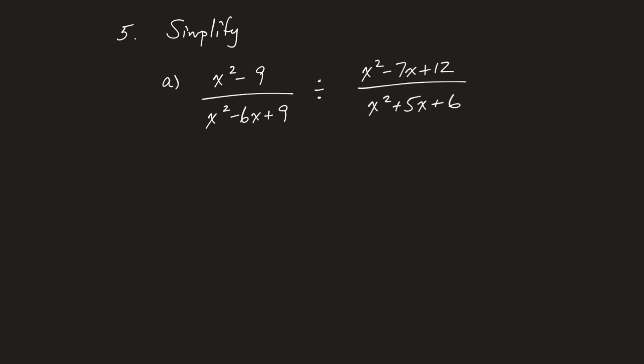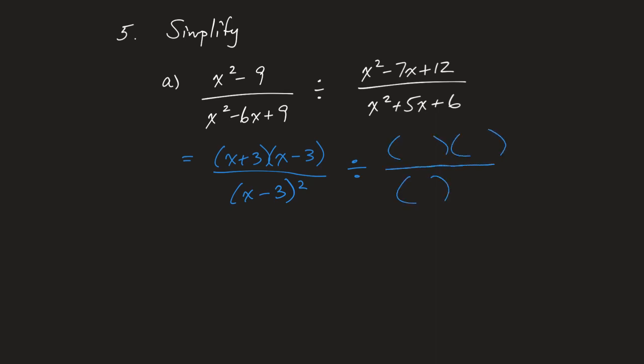Okay, and we're back. So hopefully when we took a look at this, the factoring was pretty straightforward. Difference of squares. I have a perfect square. Now, some people will choose to write my divide and then go through and start to factor the next fraction.